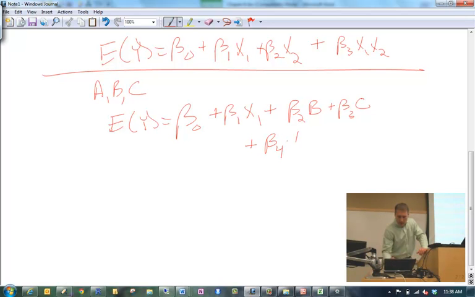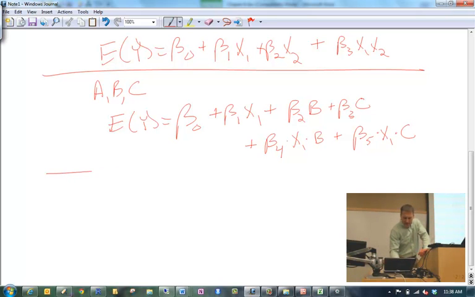Beta 4 times x1 times b plus beta 5 times x1 times c. So all you do is you multiply each of the indicator variables by the corresponding quantitative variable. That's it. Not that difficult.